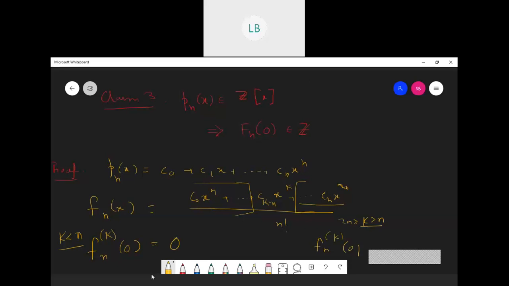So the only term remaining will be this, right? Now when we differentiate it k many times, it will give you k factorial times c of k minus n by n factorial. This is what it will give. Clear to all of you? Let me know.